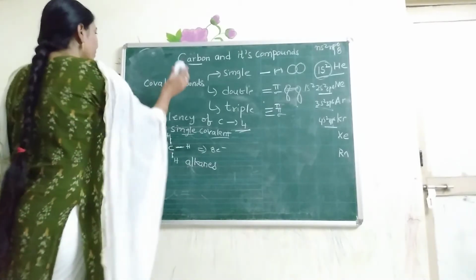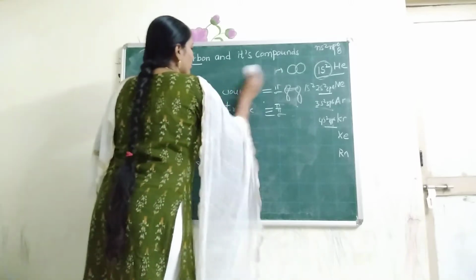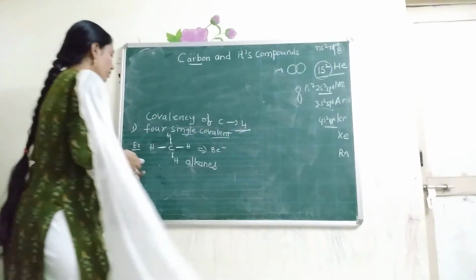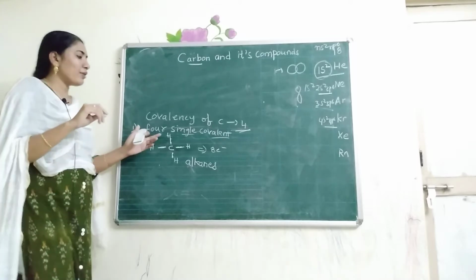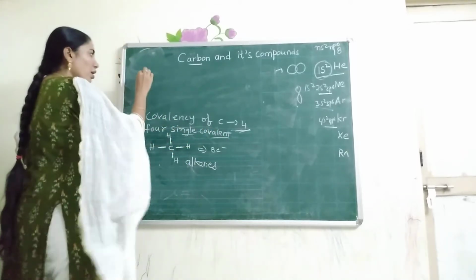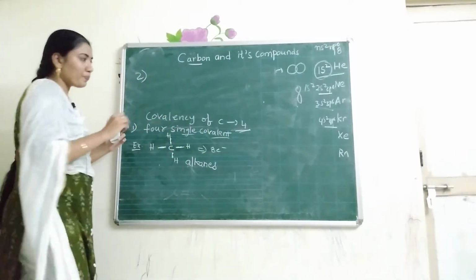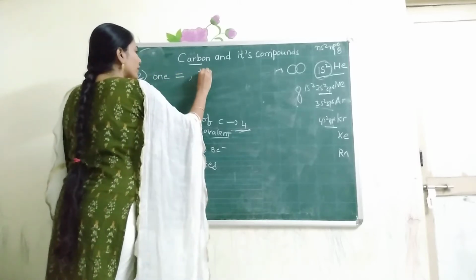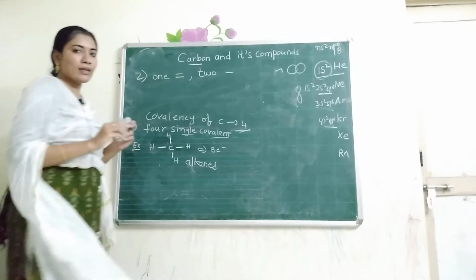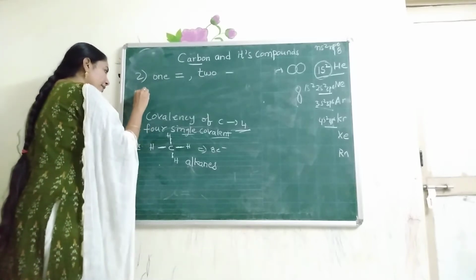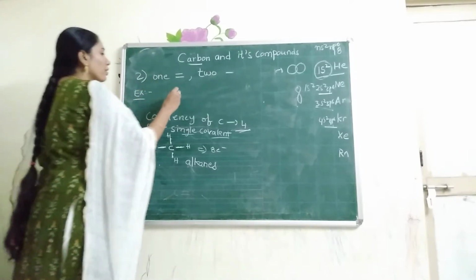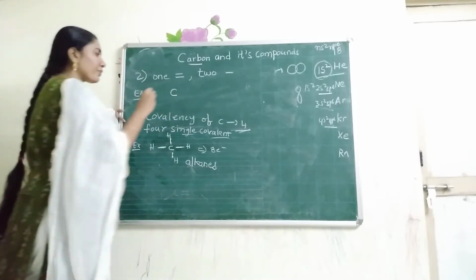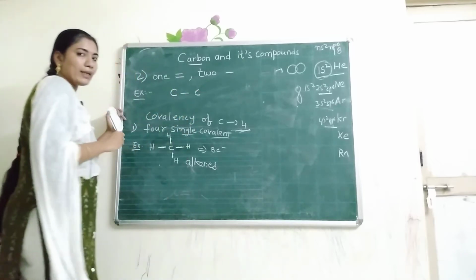Now let us see the other possibilities. The carbon can form 4 single covalent bonds, or it can form 1 double bond and 2 single bonds. I will explain this with an example. This is a carbon. This is another carbon.